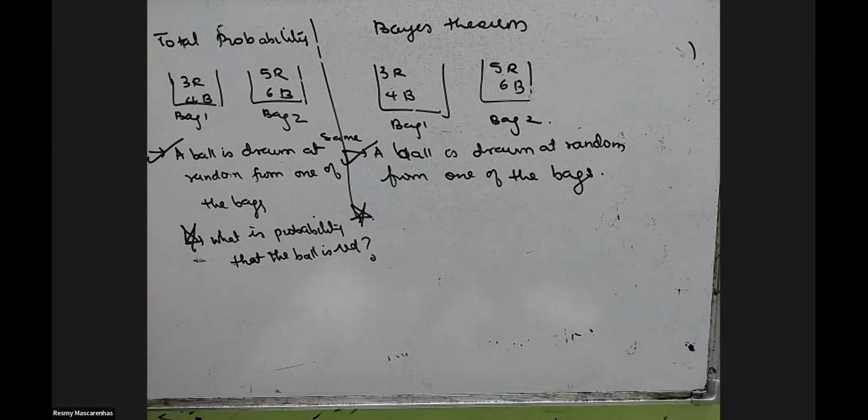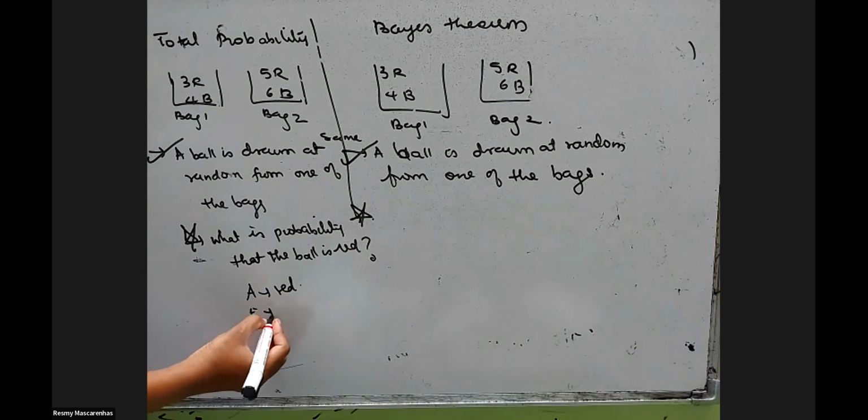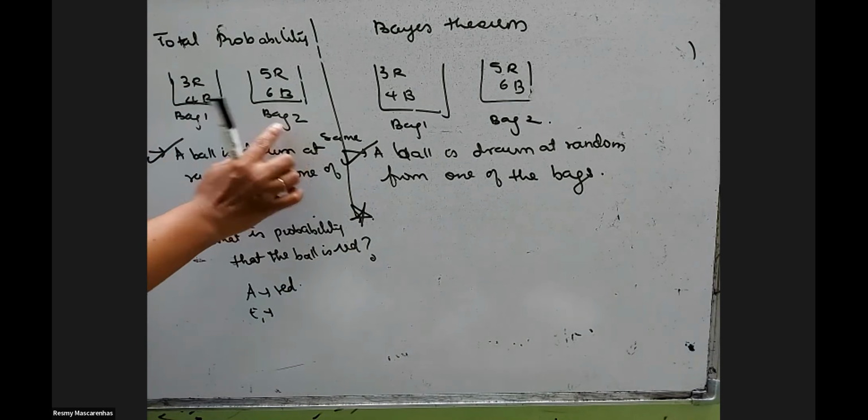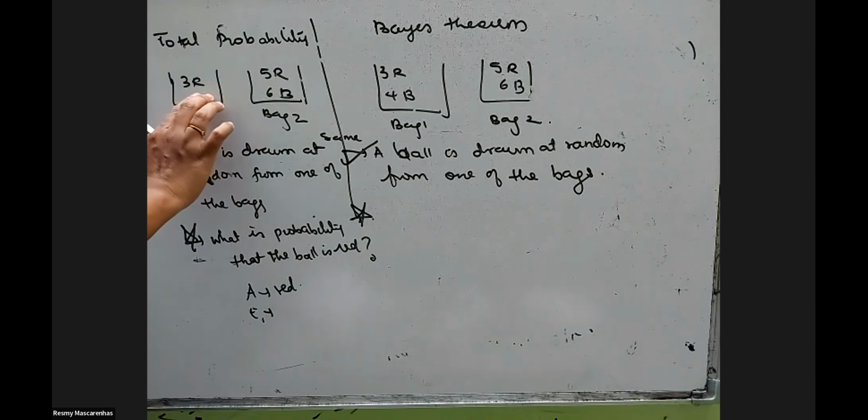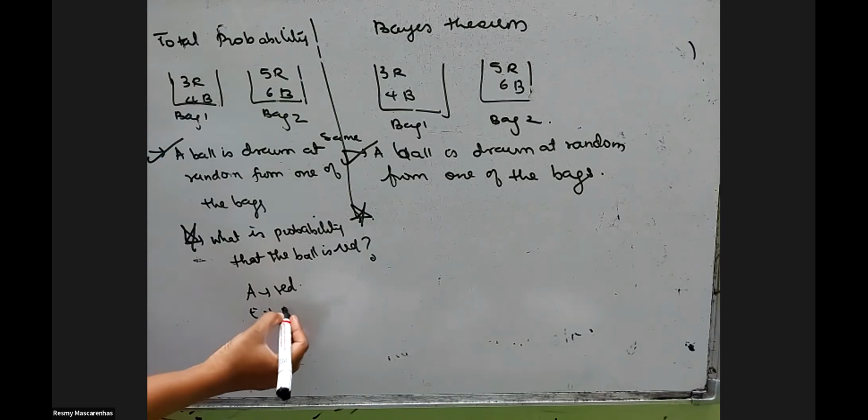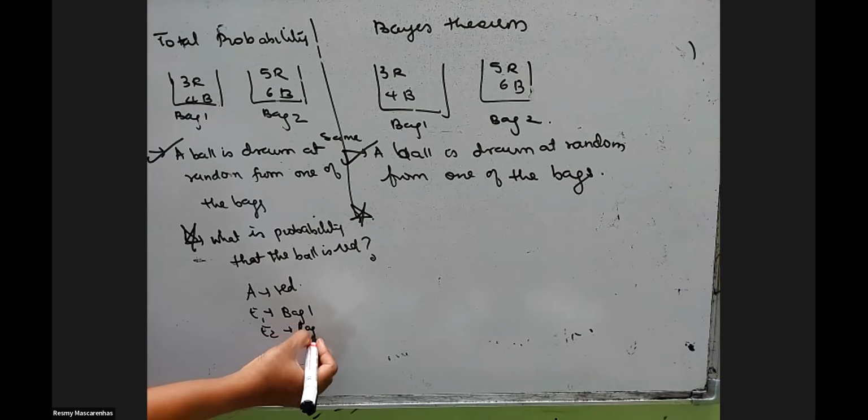What you would do: the main event A would have been that the ball drawn is red. Now there are 2 bags, so either you could pick this bag or this bag. You had 2 options. So E1 was bag 1, E2 would have been bag 2.